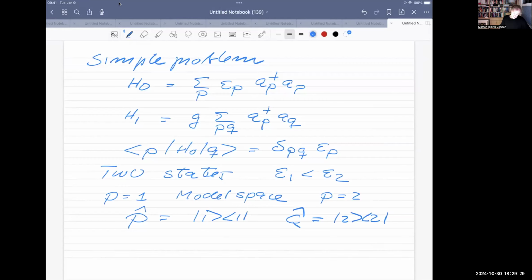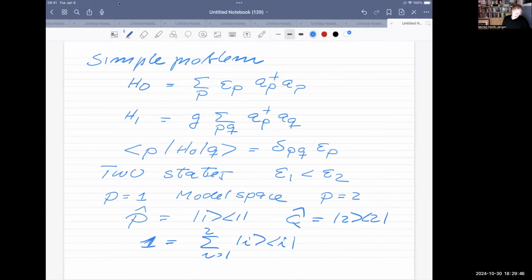And we know that the completeness relation is now simply given by the sum from I equal 1 to 2 of these states I here. And we haven't specified whether these states are one-body states or two-body states.